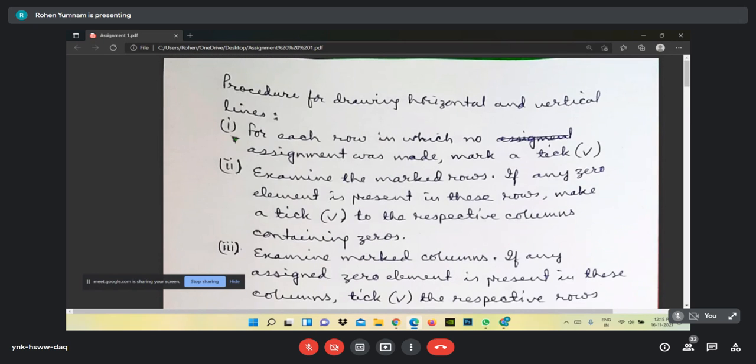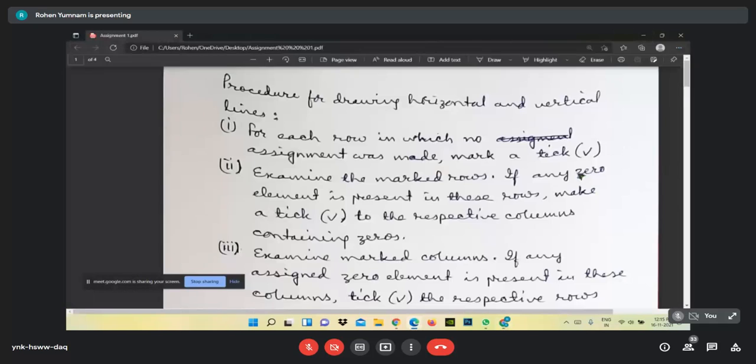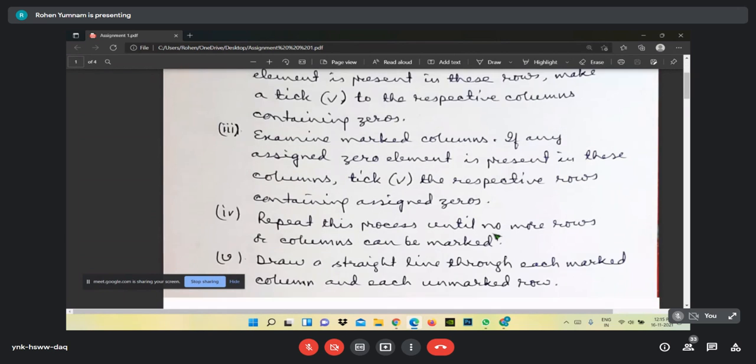The process is that, let me read together. For each row in which no assignment was made, mark a tick. The next one, examine the marked rows. If any zero element is present in these rows, make a tick to the respective columns containing zeros.